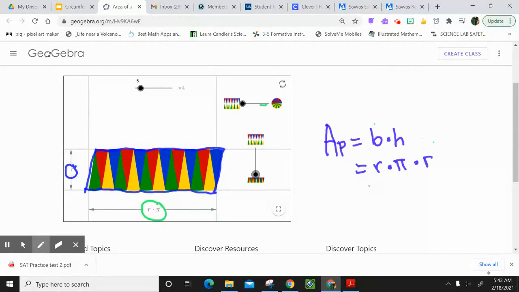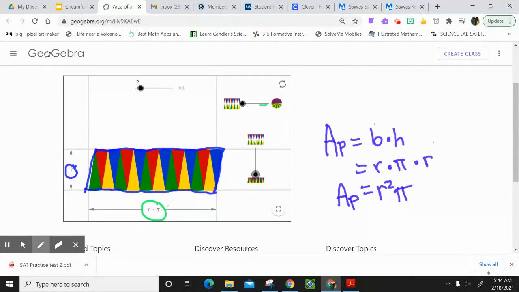So I have r times r. Remember, when we multiply any number by itself, we are squaring it. 2 times 2 is 4, 5 times 5 is 25. So we can represent r times r as r squared. So the area of this parallelogram is r squared pi.